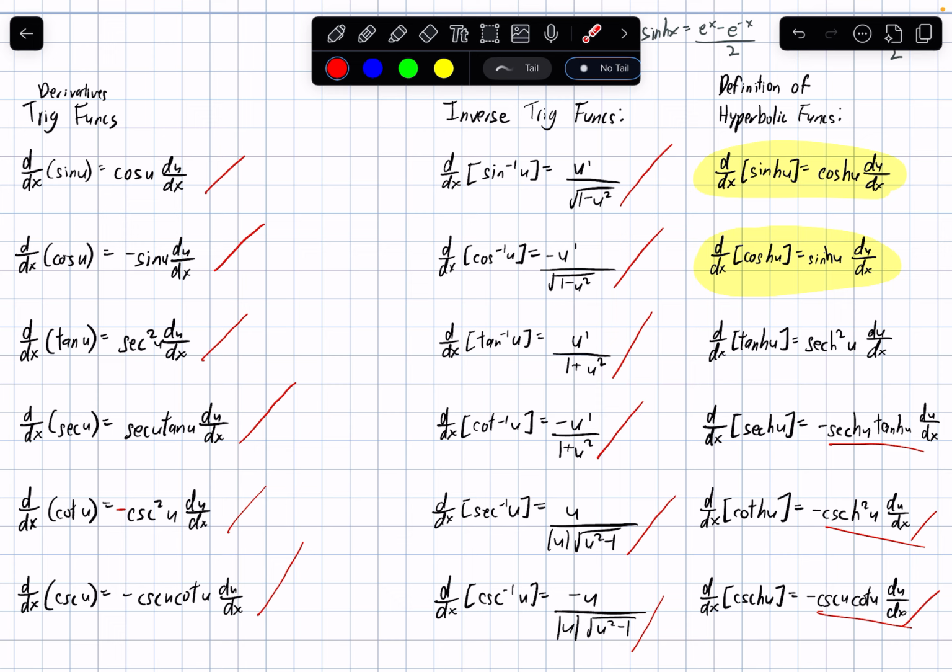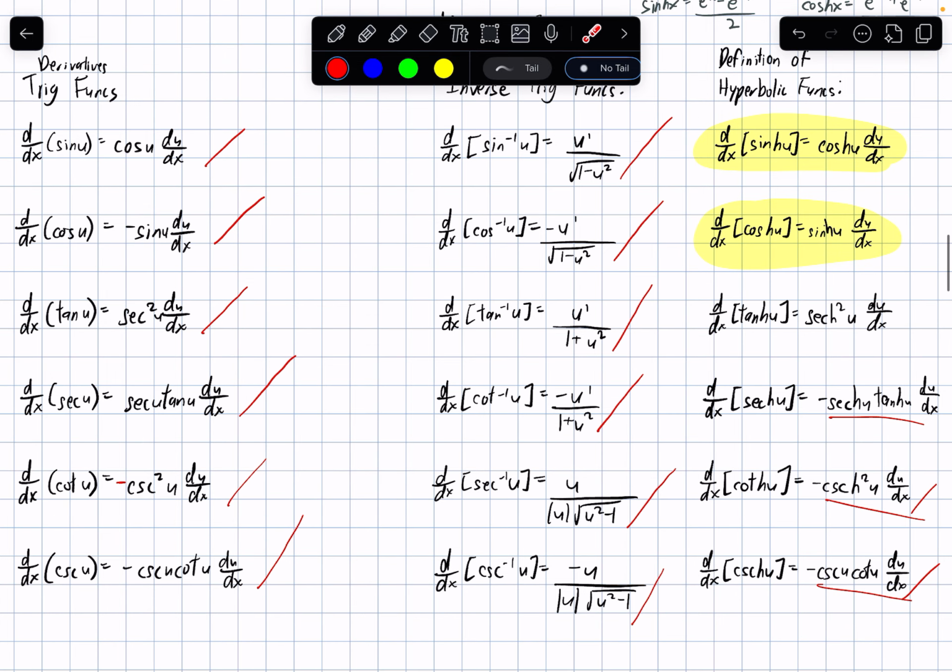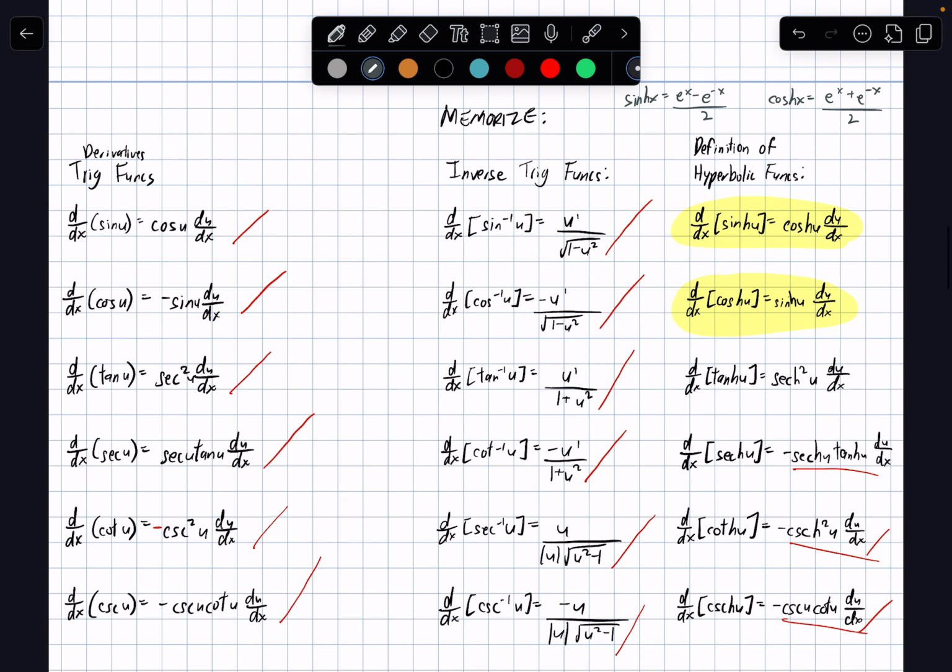For cosecant, again, after copying itself, you just write cotangent u. So csc u cotangent u, or cotangent u csc u, doesn't matter. Either way, it's correct because in multiplication, 1 times 2 is equal to 2 times 1 is equal to 2. So the order doesn't matter, basically.